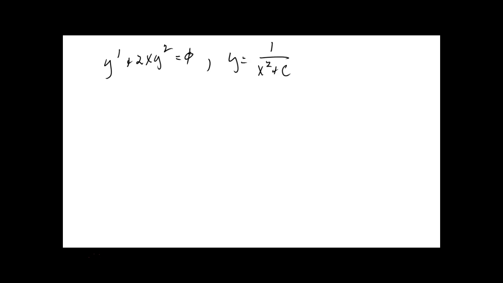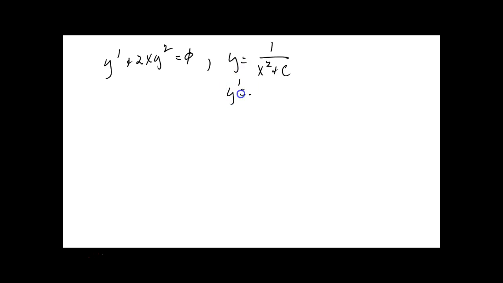Now, we could verify that if you really want to. So you have an idea what we're talking about with verify. How would you go about verifying it? Not going to be particularly pretty, but we can do it. How do we do that? You take the first derivative here because you got to have it there.